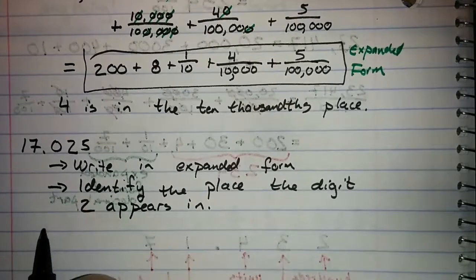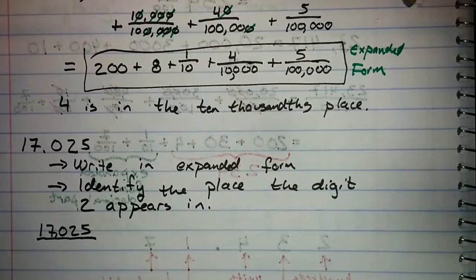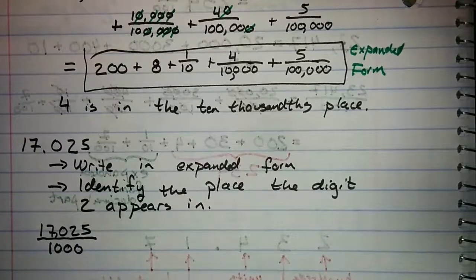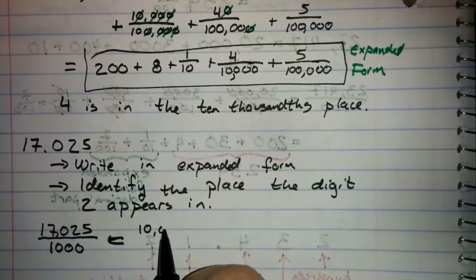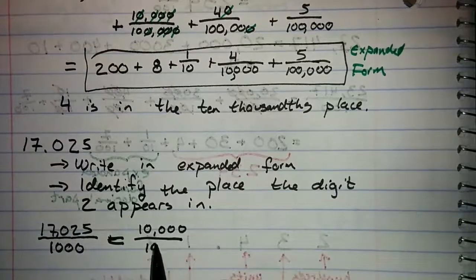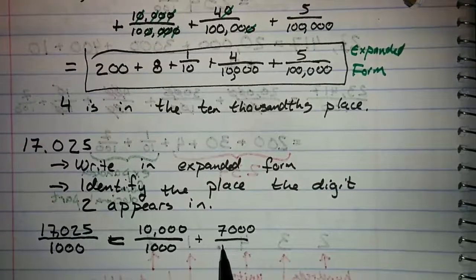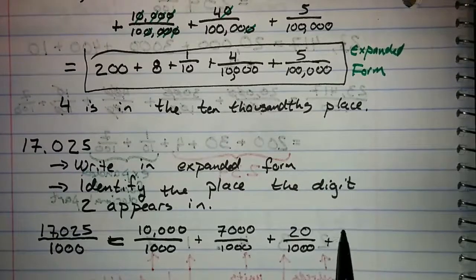Alright, so in fraction form, this number has numerator 17,025. Denominator is 1 followed by 3 zeros, so 1,000. Writing the numerator in expanded form then, I'll have 10,000 1,000ths, plus 7,000 1,000ths, plus 20 1,000ths, plus 5 1,000ths.